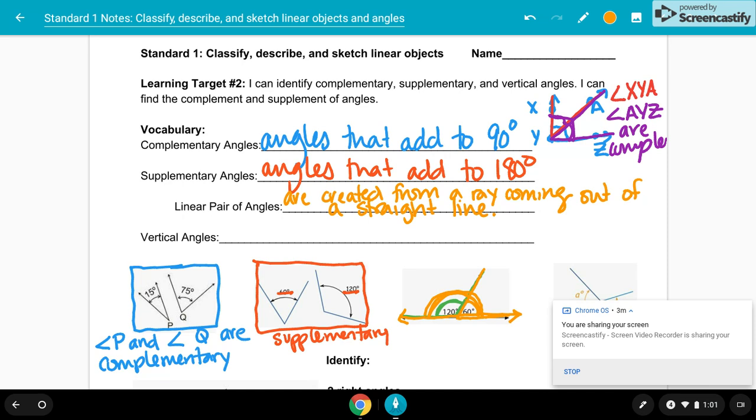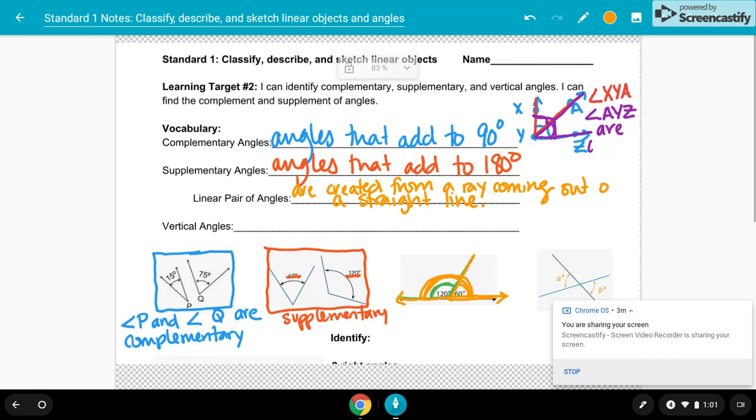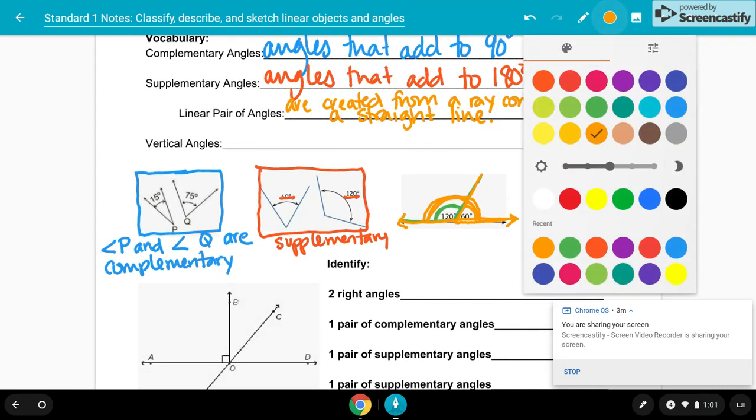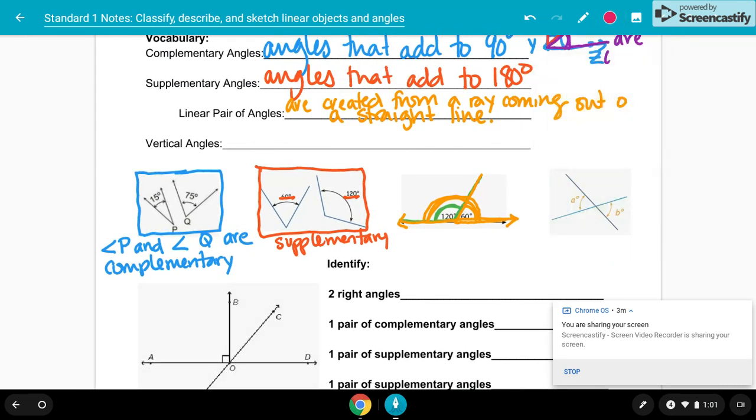Now, vertical angles, I keep erasing, so annoying. Okay, vertical angles are formed when two lines intersect. So here's a line, and here's a line.